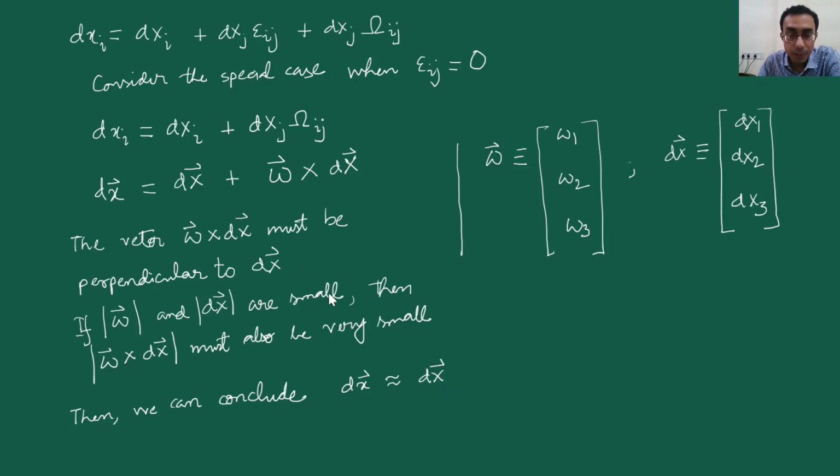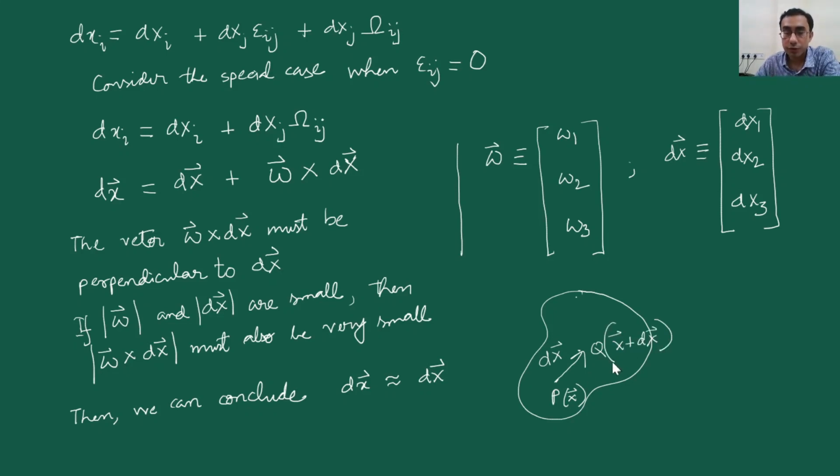But this has of course been brought about by the rotation of this omega, and we are saying that it is the rotation because it is perpendicular to the position vector connecting two neighboring points. So if we have the undeformed state like this, you remember that we had taken our point P here and the point Q here, and this vector between them was our dx vector, because this position vector was x vector and this was x plus dx vector, which we had written in one of the earliest classes.